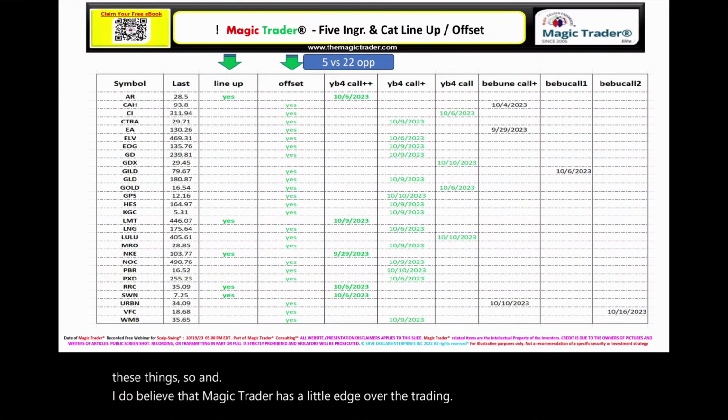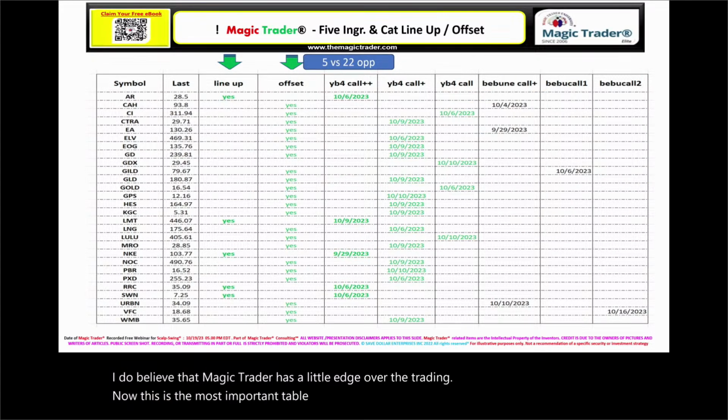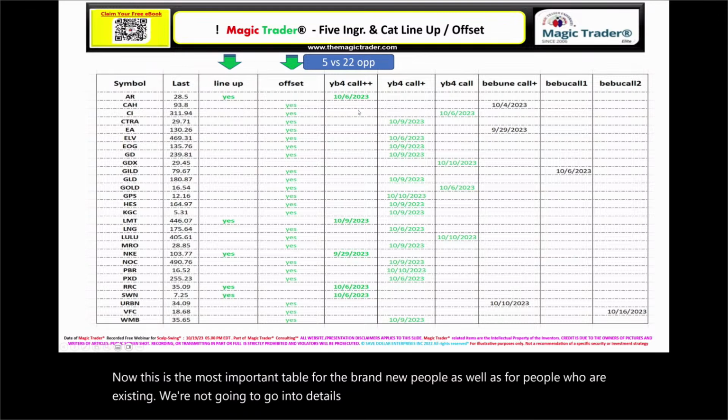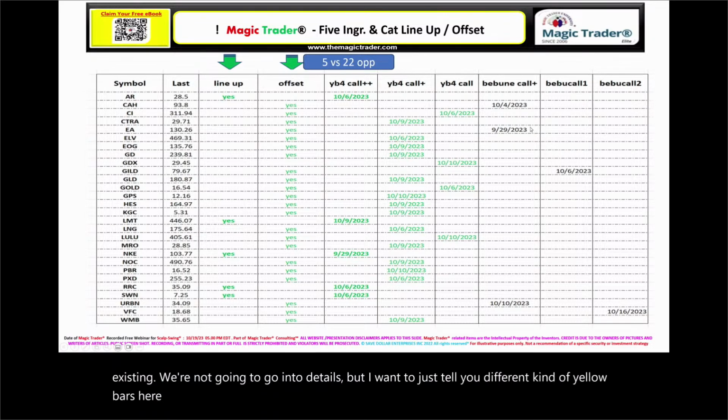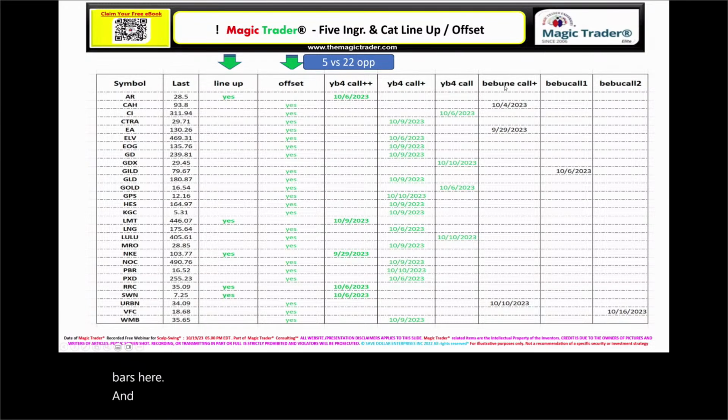Now, this is the most important table for brand new people as well as for existing people. We're not going to go into details, but I want to tell you about the different kinds of yellow bars here, and these are different types of black candles.